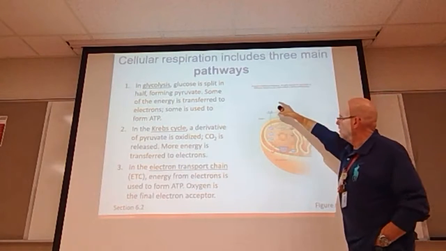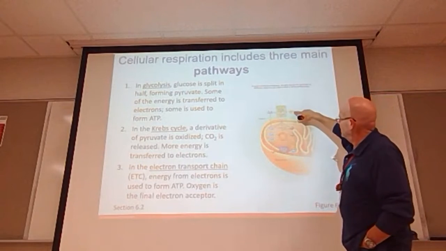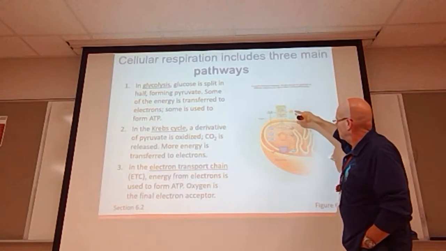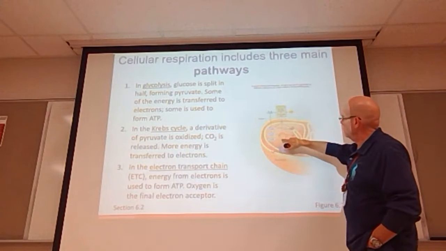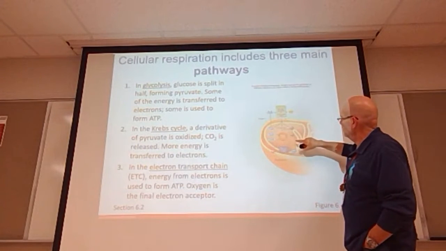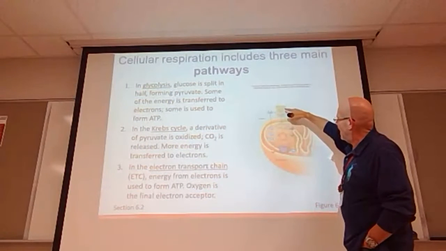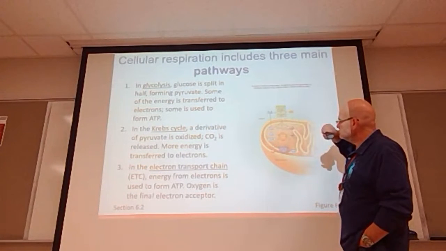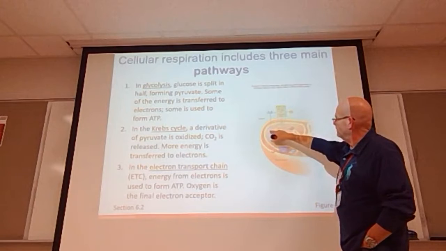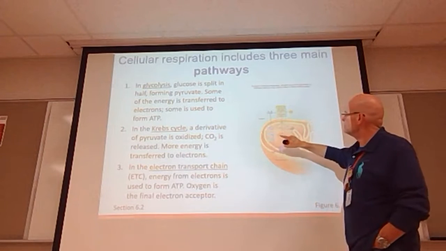Again, if you look at this little drawing right here, you're going to see ATP being formed right here, but not a whole lot. Here's the Krebs cycle. You see ATP going here, and here are the things coming out of glycolysis. You've got these molecules called NADH.